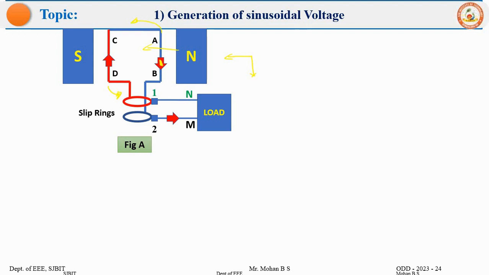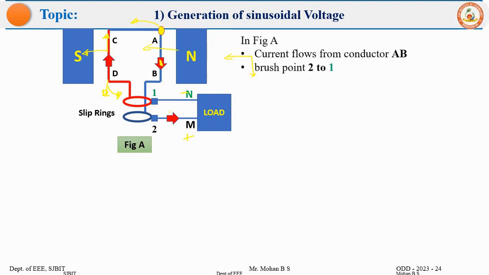So let's analyze at this point. This is the magnetic field. The current is going in this direction, or your induced EMF is going in this direction, that is towards the plane. And if you open up all three fingers, you will have force going in the downward direction. Okay, so the current enters point M and it would leave point N. So I will mark here positive and negative for the positive half cycle.